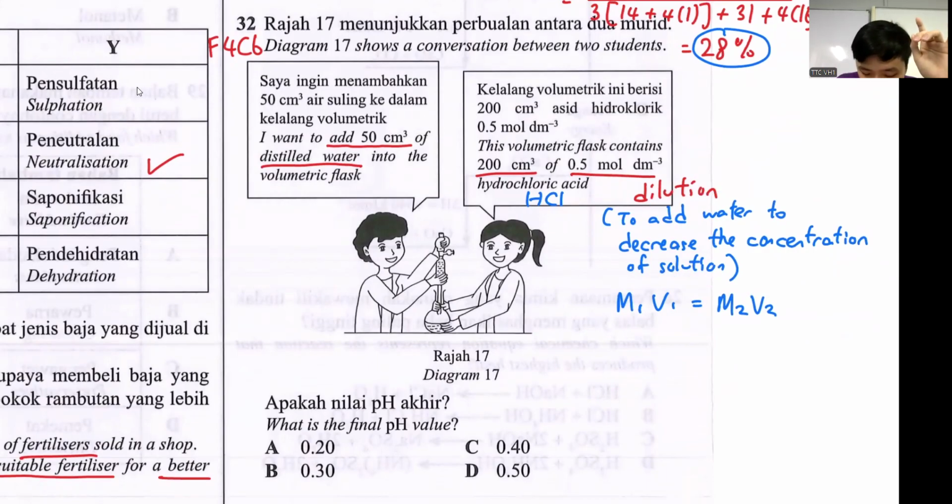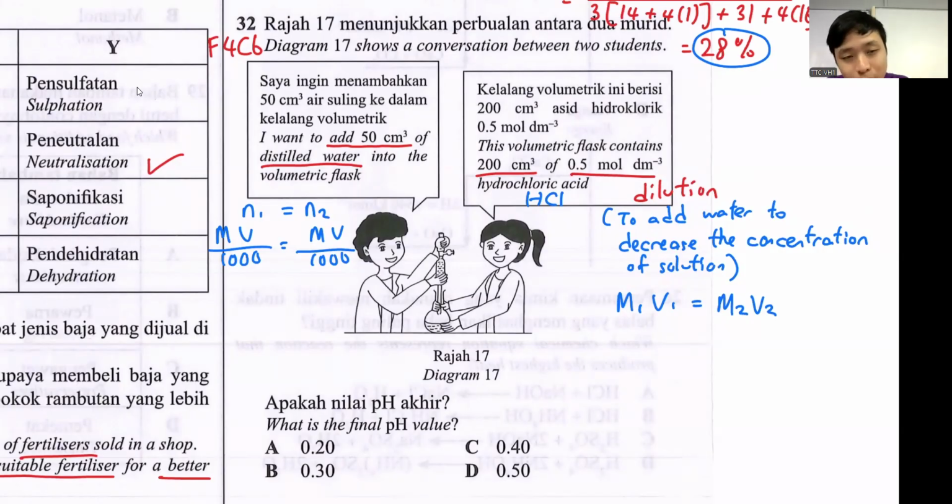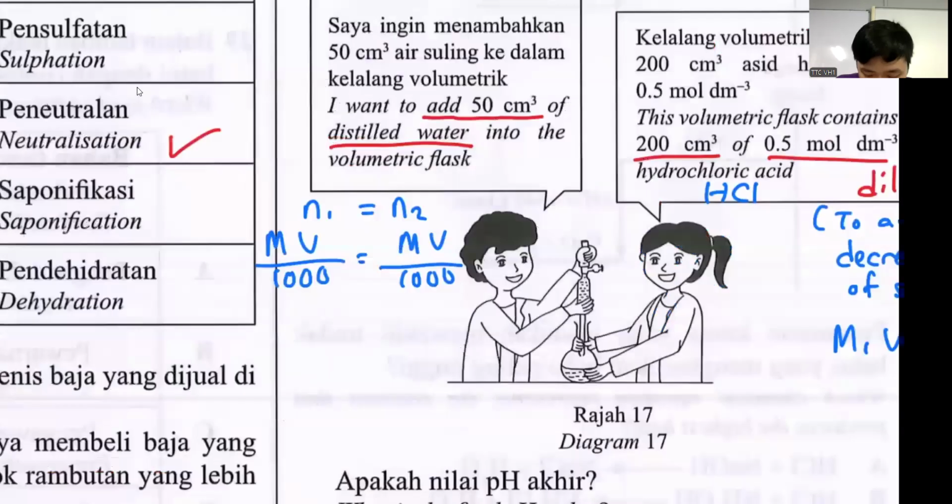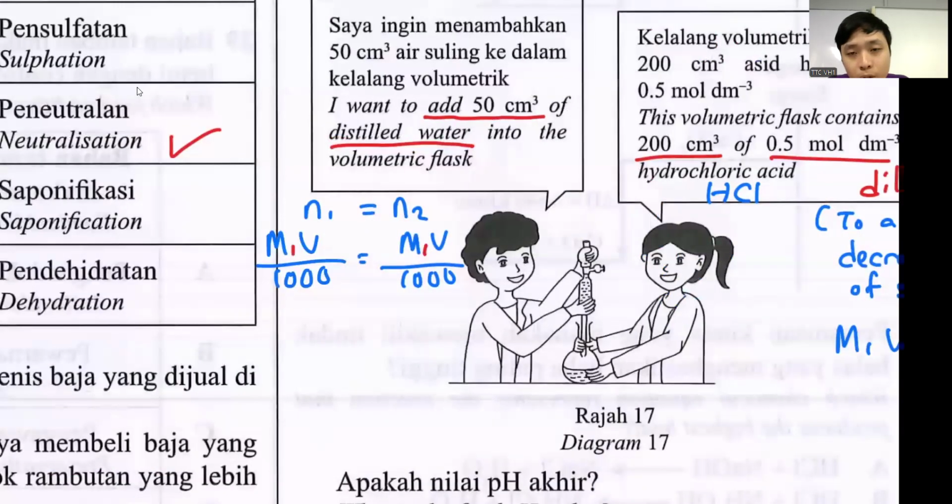That's why n1 equals n2, where n is the symbol for number of moles. So M1V1 over 1000 equals M2V2 over 1000, because number of moles equals MV over 1000, before and after. M is the concentration or molarity, and V is the volume of solution.